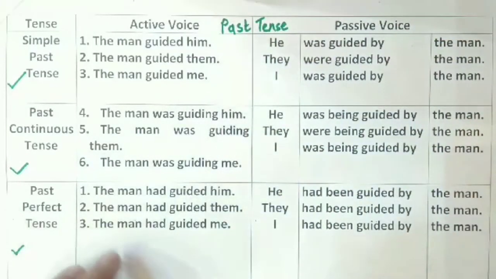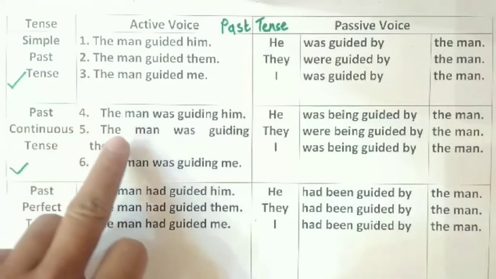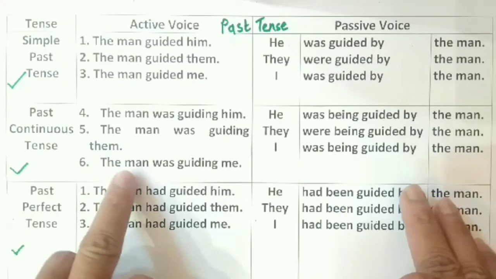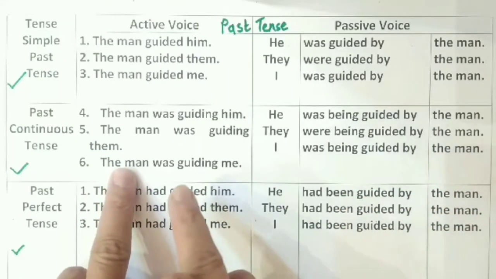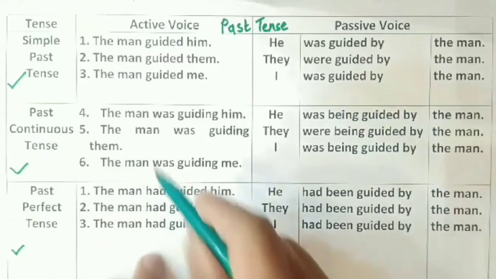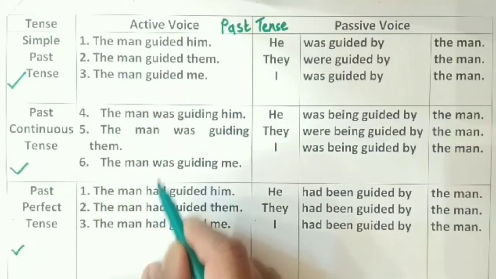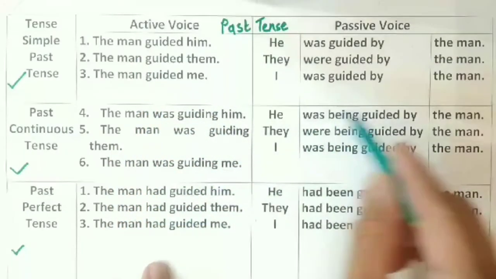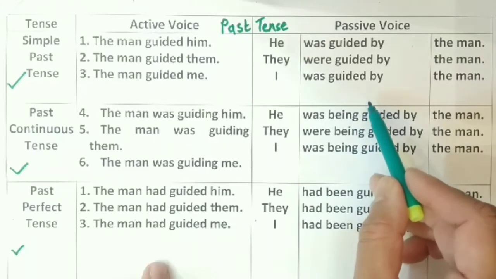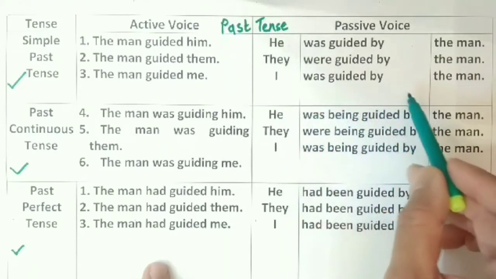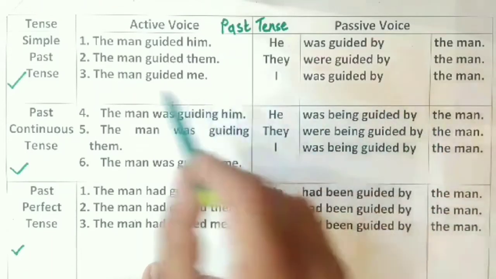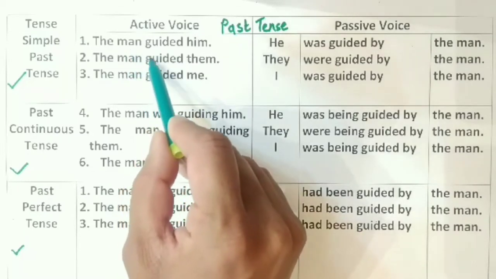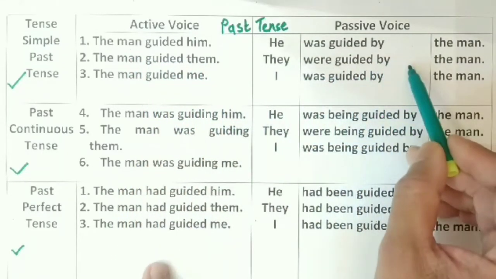So in the chart we have 4 significant columns, 1, 2, 3, 4. In the second column there are the sentences from active voice, and then we have solved the sentences or transformed into passive voice. So I will explain how can the sentence from active voice be transformed into passive voice.